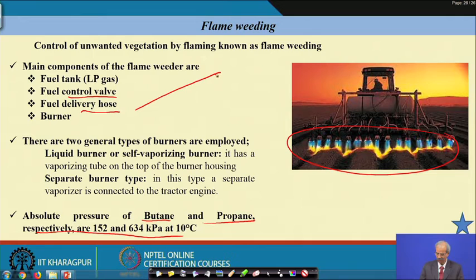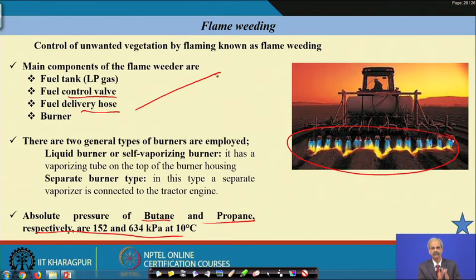Now, of course, this system is not very much in vogue, but as information, any person who is in agricultural engineering or who is dealing with equipment and instruments must have an idea that this type of weeding also existed. In the books you may find it, but not much more. So, in a nutshell, we have talked about weeds, which are a menace, which take a lot of energy and are manual intensive.